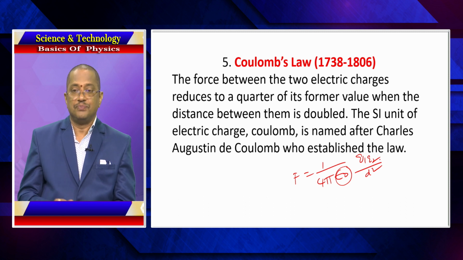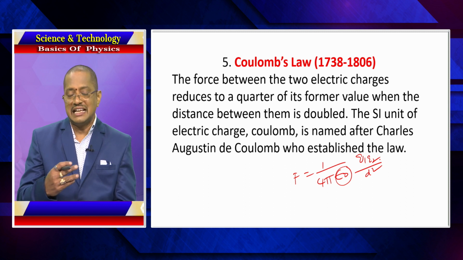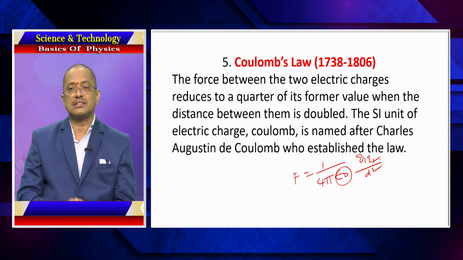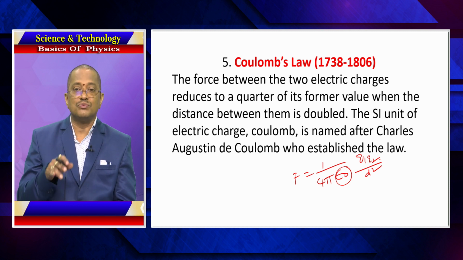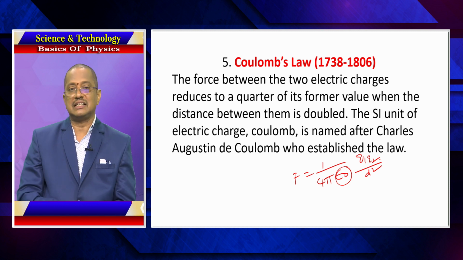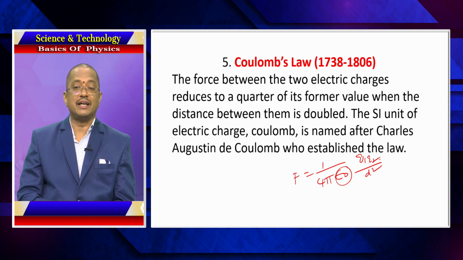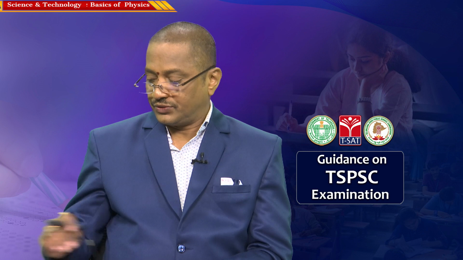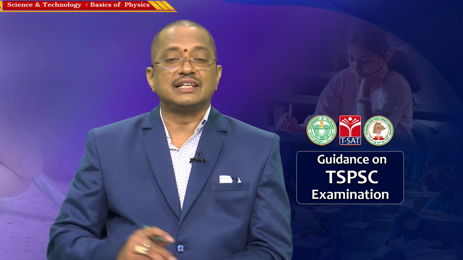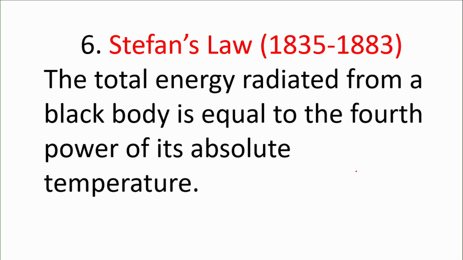When the distance doubles, the force between the charges becomes 1/4. So, that is Coulomb's law, F is equal to 1 by 4 pi epsilon naught Q1 Q2 by d square. Clear? Okay.